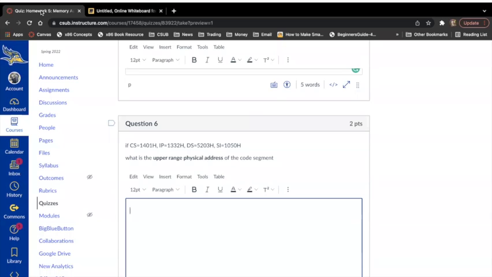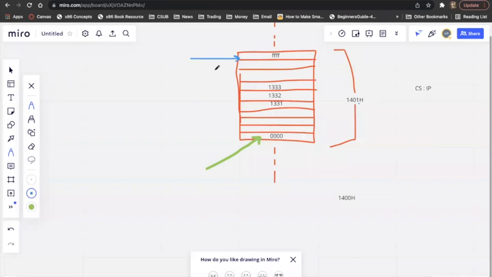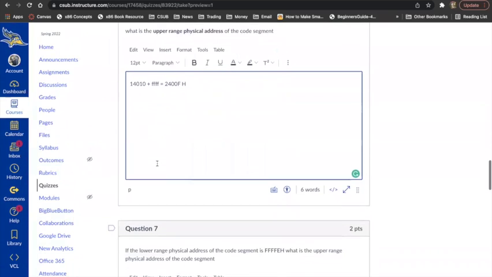Sorry about that, guys, my allergies. So we can do this again. 14010 plus FFFF, which will give us 2400F in hex. So that will be the physical address of this block. It's pretty straightforward. I hope that makes sense.